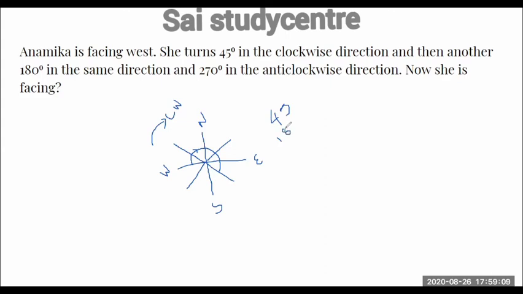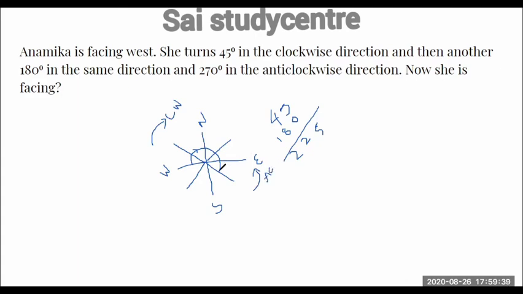Now you add these two. So she has traveled in the clockwise direction 225 degrees. So now she wants to turn 270. So from here, what is the anti-clockwise direction? If she traveled in this direction, then this is called anti-clockwise direction.